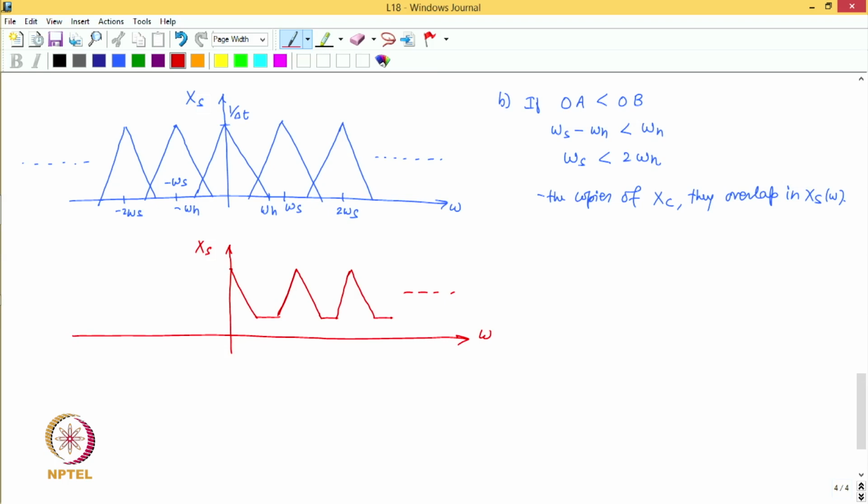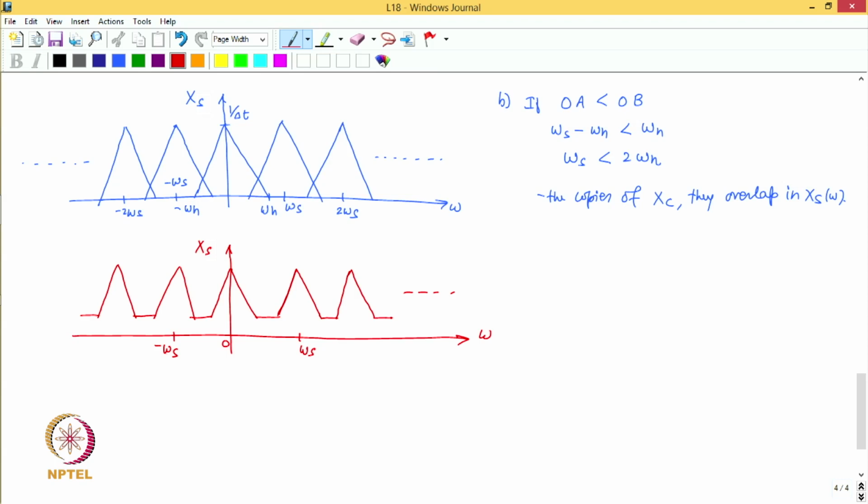So on this side also the same thing happens, the magnitudes get combined like this. And so if we see this frequency, this of course is omega s, this is 0, this is minus omega s, and so on.